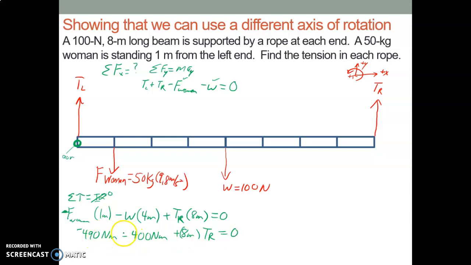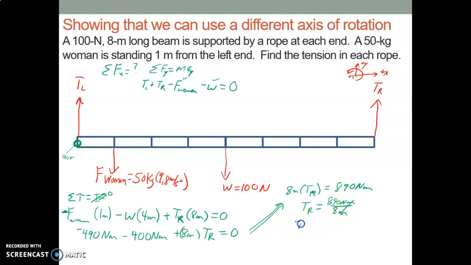And so we get negative 890. We can add 890 to both sides. I'm just going to continue my work up here. So 8 meters times T_R equals 890 newton meters. And so we can then say T_R equals 890 newton meters divided by 8 meters.